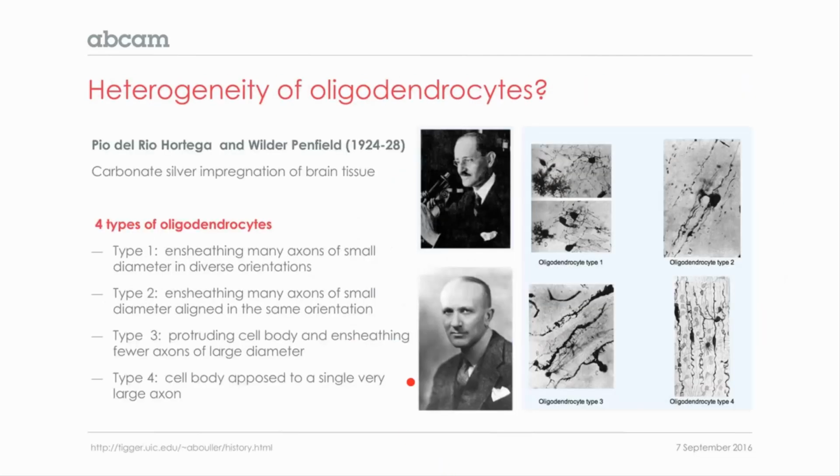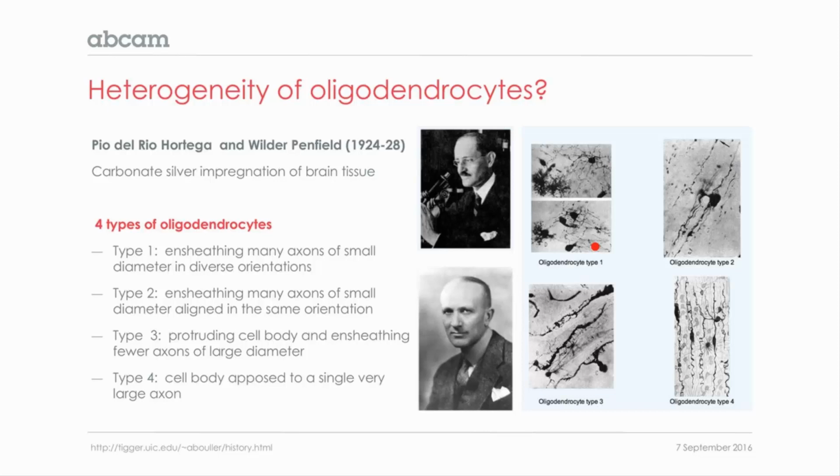However, if we go back in history to the 1920s, when oligodendrocytes were described by Pio del Rio Ortega and later by Wilder Penfield, they described, using silver carbonate impregnation techniques, 4 kinds of oligodendrocytes with distinct morphologies, already by that time suggesting that oligodendrocytes could be heterogeneous.